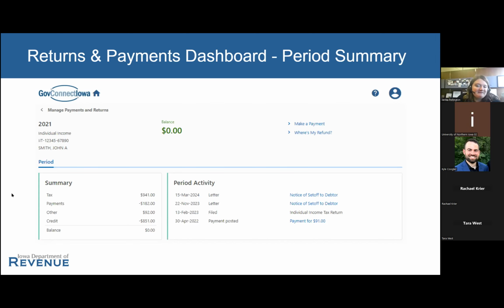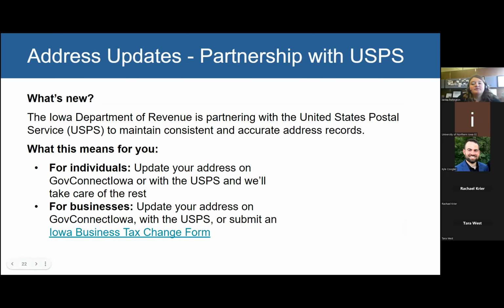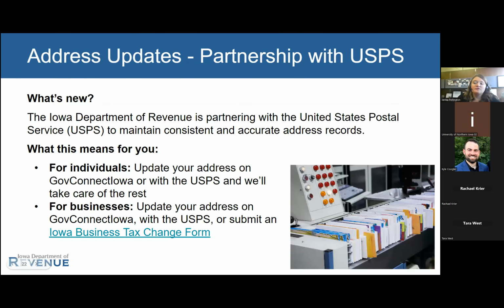The next exciting feature that we have to talk about are address updates. With Rollout 3, we are partnering with the United States Postal Service to obtain regular address updates. So this will allow us to be consistent and maintain accurate address records. So what does this really mean for you? This means that if you move, if your location changes, anything along those lines, make sure that you tell the United States Postal Service as soon as possible.